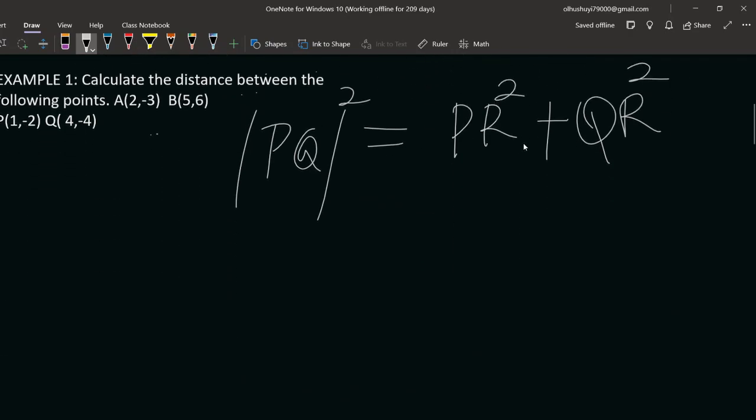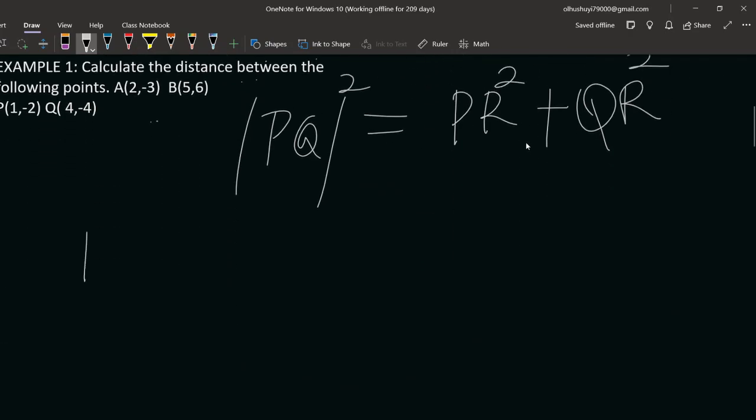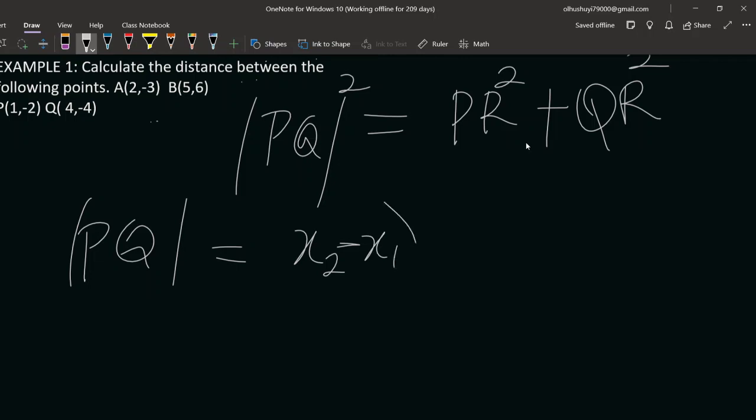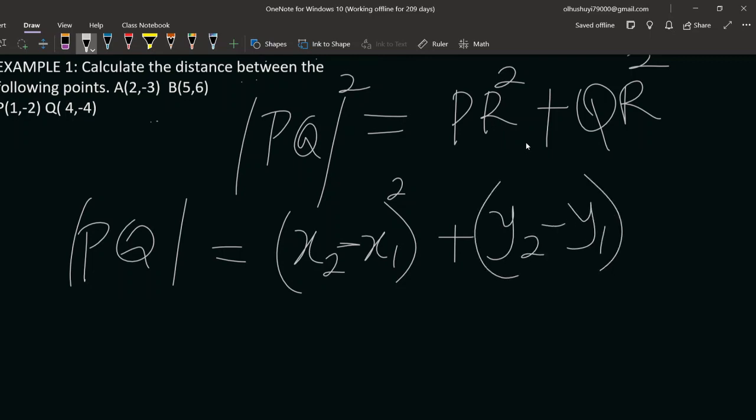So it means we can now write the distance PQ as equal to the square root of x2 minus x1, everything all squared, plus y2 minus y1, everything all squared. Because we remove the square here, it carries the square root, right? So this is the formula we're using.